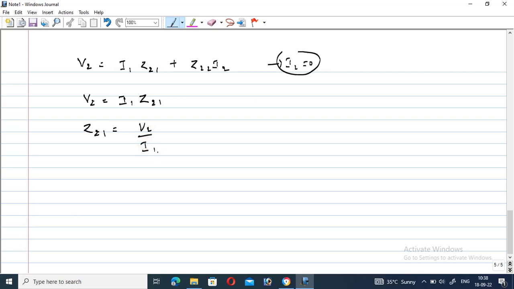Z21 is equal to the forward transfer impedance. It is also called a forward transfer impedance.